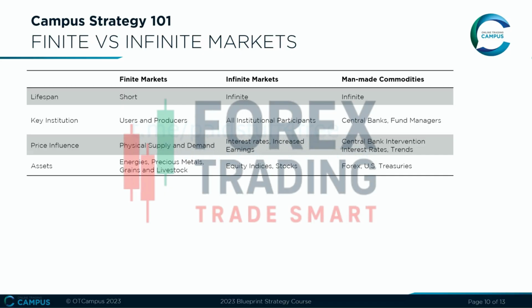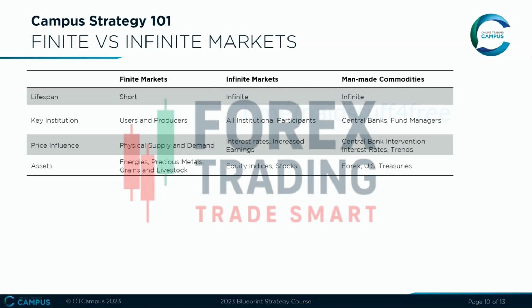Now, the assets that are included under this finite market category are energies like crude oil or natural gas, precious metals like gold and silver, palladium or platinum. We have grains like wheat and soybeans. We have livestock like live cattle or lean hogs, and the list goes on and on.